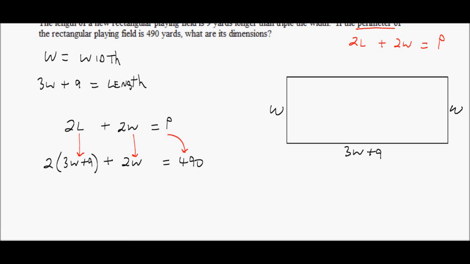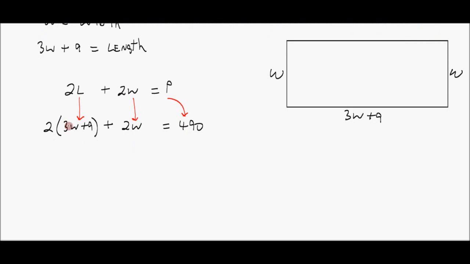So now we have an equation that just has W's in it. We can solve that. Use the distributive property. 2 times 3 is 6W plus 18 plus 2W is equal to 490. Combine the like terms, so we get 8W plus 18 is equal to 490.